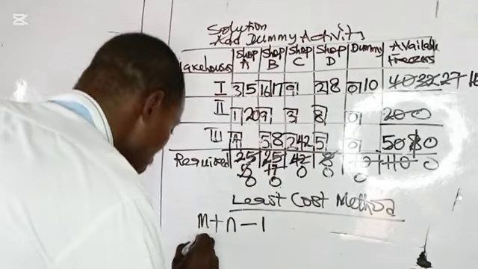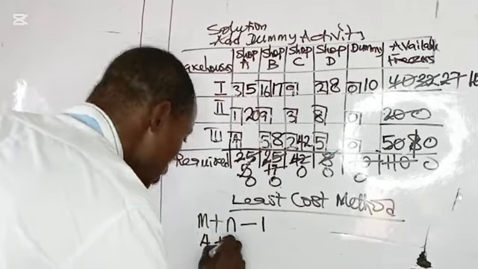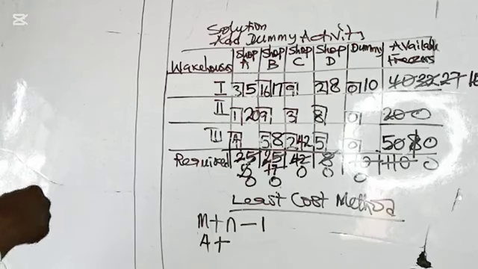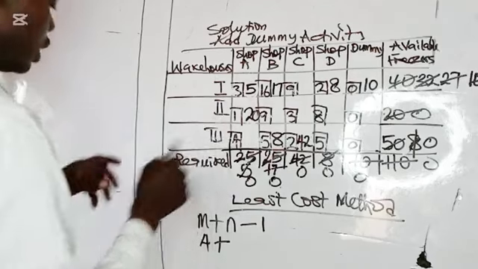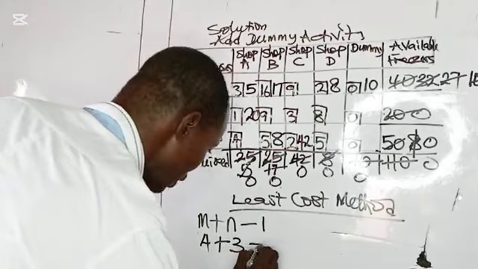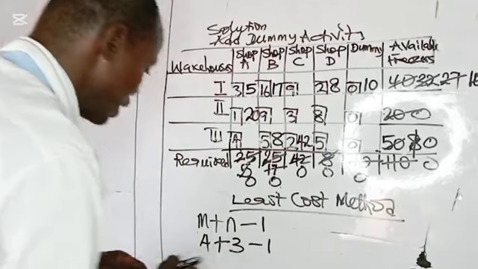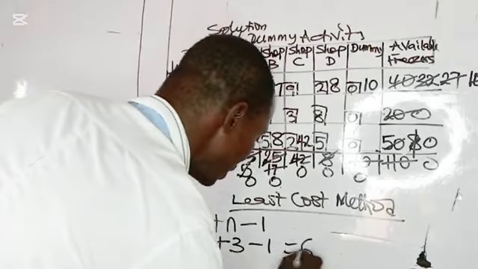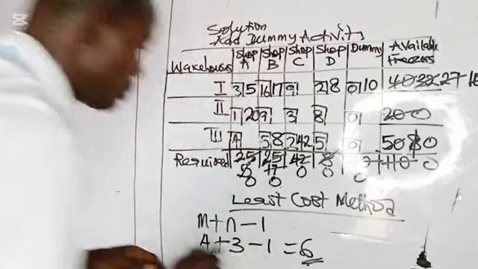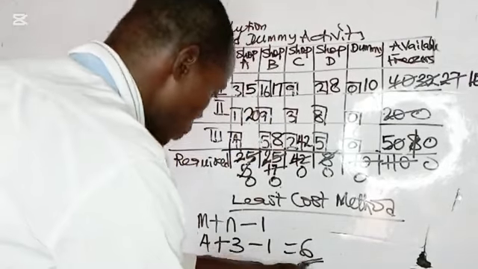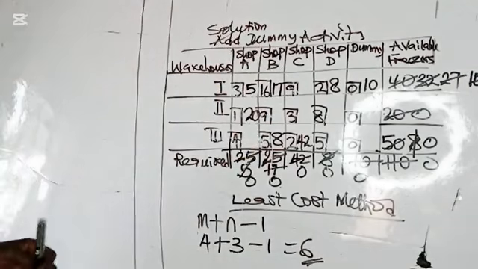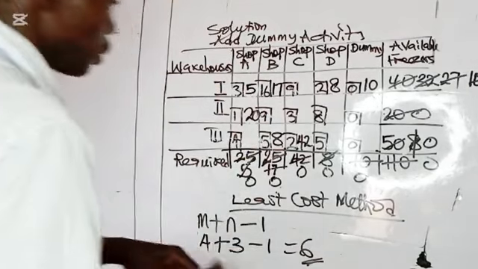We have 4 columns. How many rows? 1, 2, 3. 3 rows minus 1. 4 plus 3 is 7, 7 minus 1 will be 6. That means the number of cells we must allocate to must be 6. Now, let's count if it is exactly equal to 6.